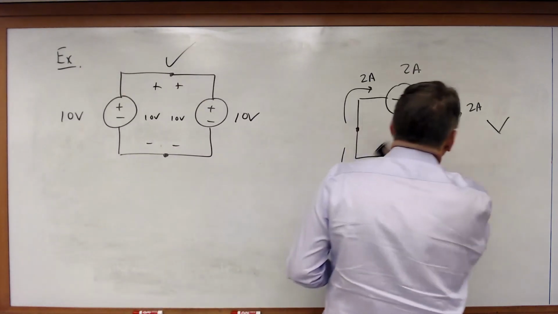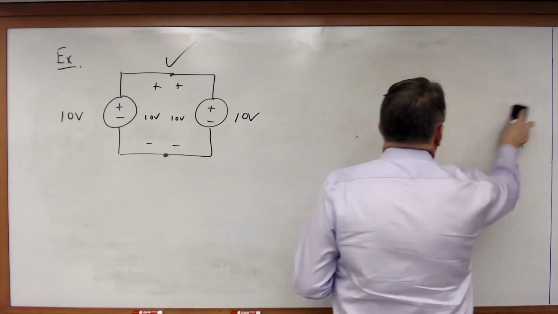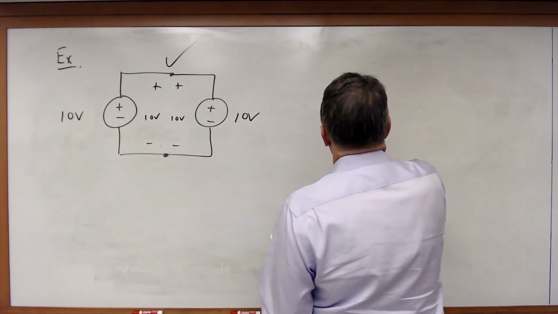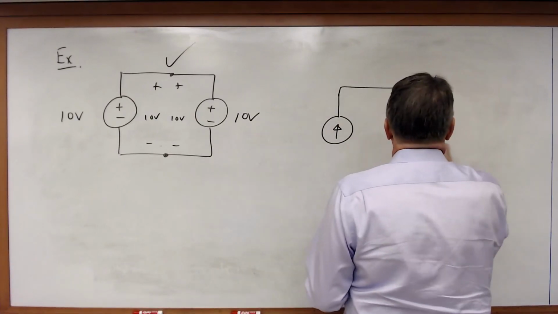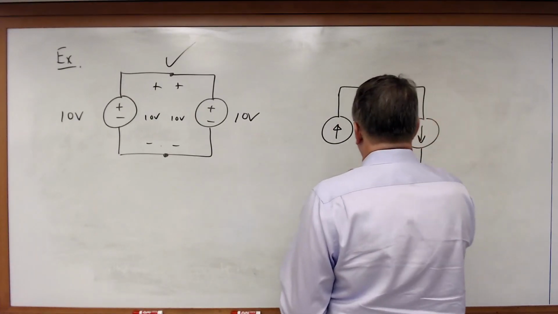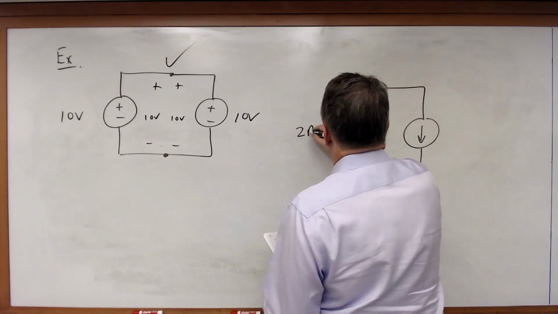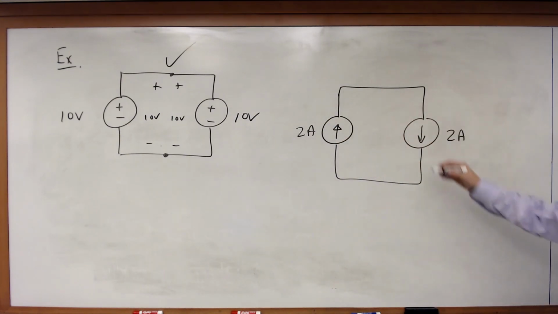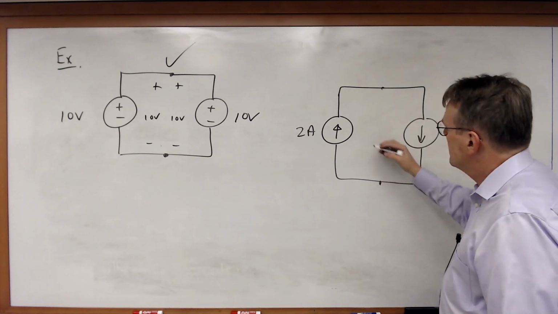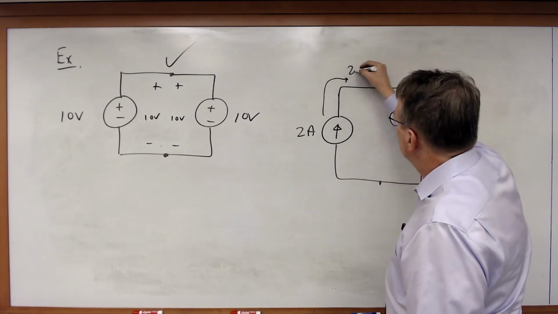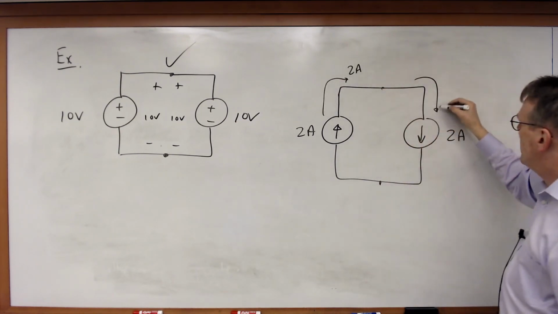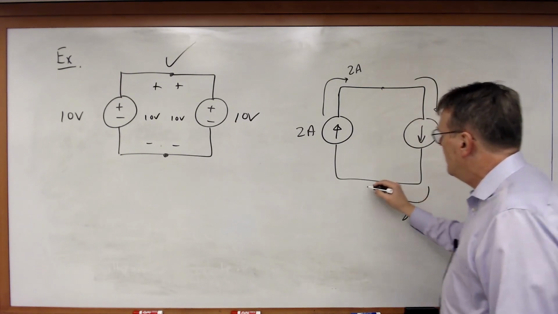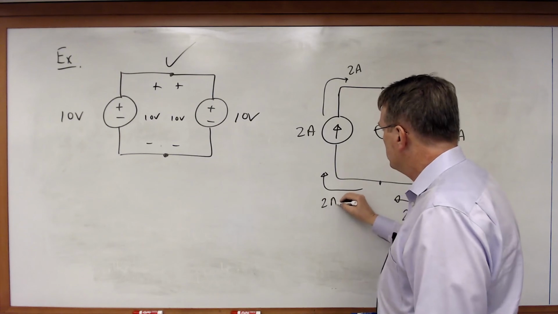What about over here? What if I do this? Is that a realizable circuit? Well, let's think about this. 2 amps flows out, 2 amps flows in, 2 amps flow out, 2 amps flow in.